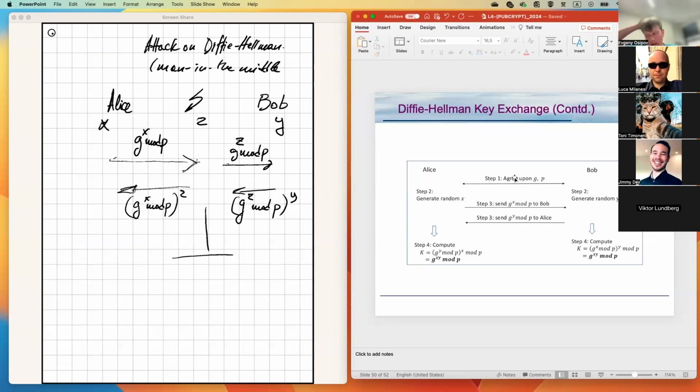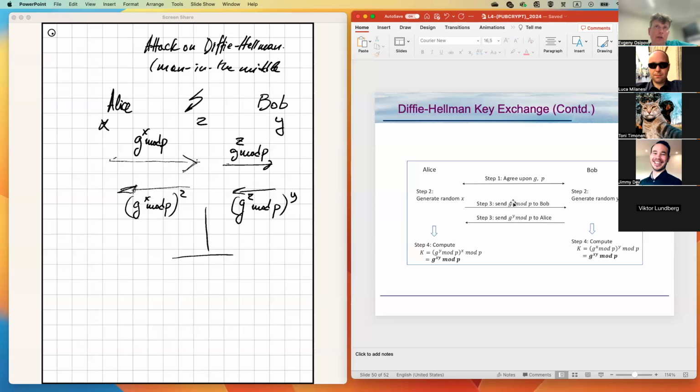Now we will take a short break for 5 minutes, and then we will talk about yet another algorithm. One of the problems still with Diffie-Hellman and RSA is this exponentiation.